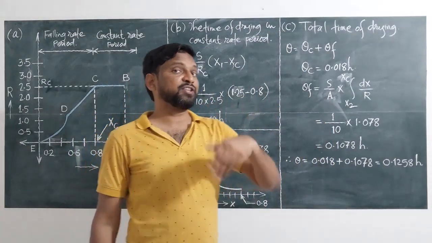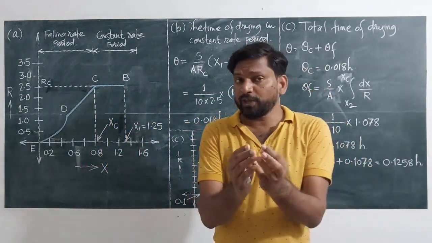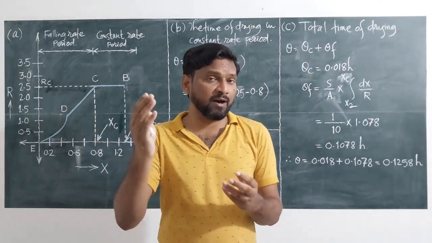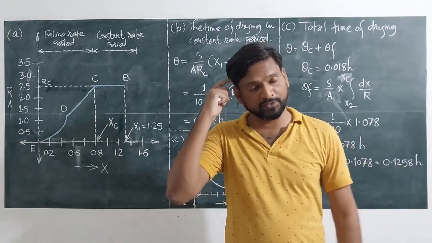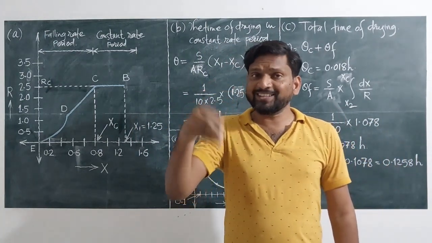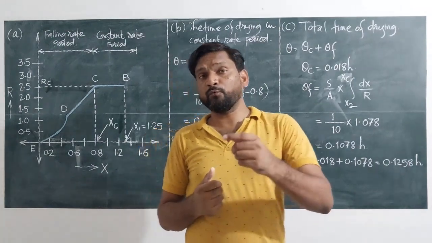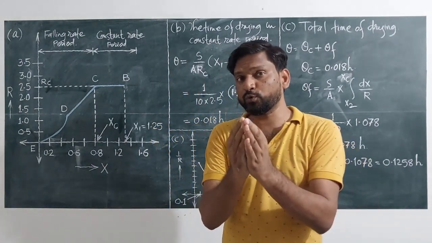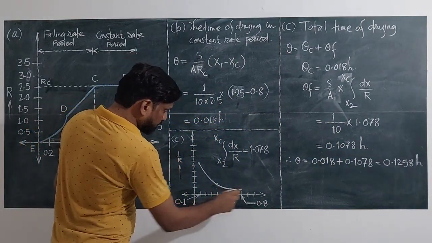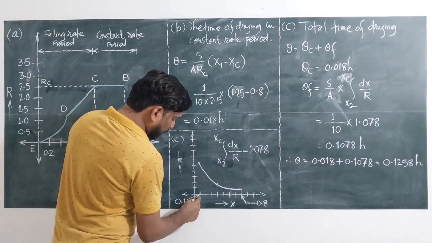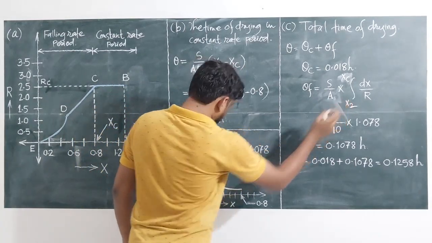By calculating 1 by R values, we have been provided with R versus X values, almost 10 values. From that data, we can calculate 1 by R values. So the 1 by R value corresponding to 0.1. Why 0.1? Because the X2 value is 0.1.